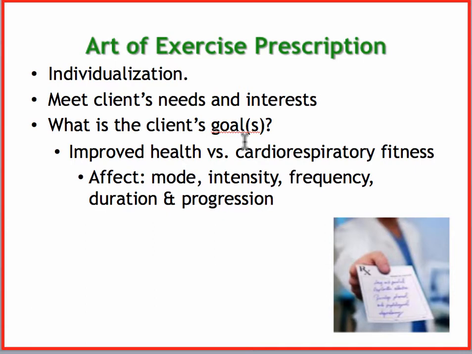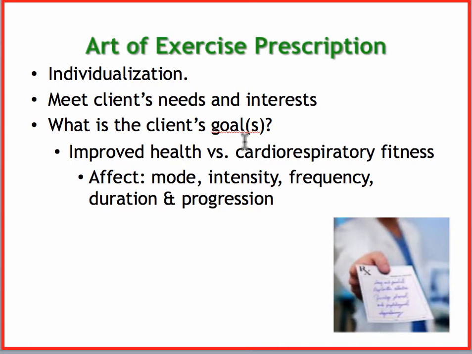Or they may be trying to improve their cardiorespiratory fitness. Maybe they have a performance goal that they wish to attain. And so these factors will affect the mode of exercise, the intensity, the frequency, the duration of exercise, and especially the exercise progression, because exercise progression will be very important as we talk about building cardiorespiratory fitness.